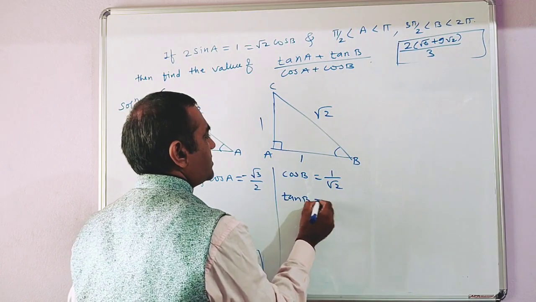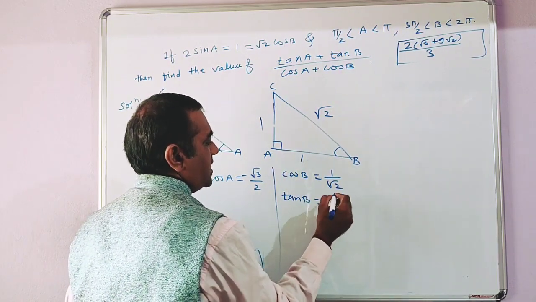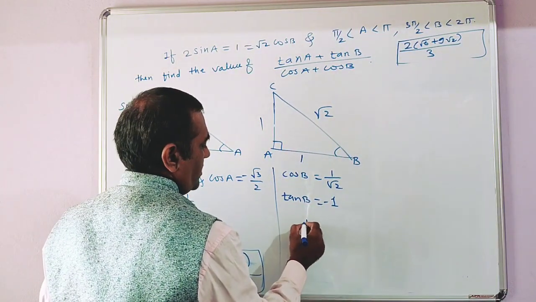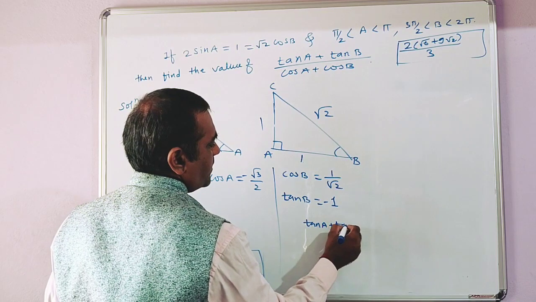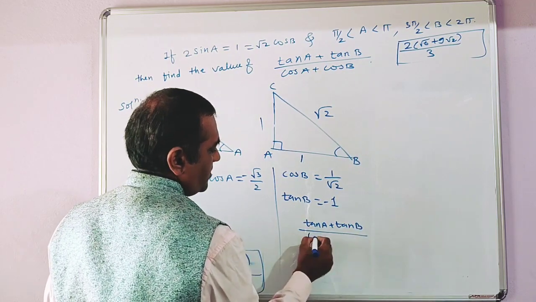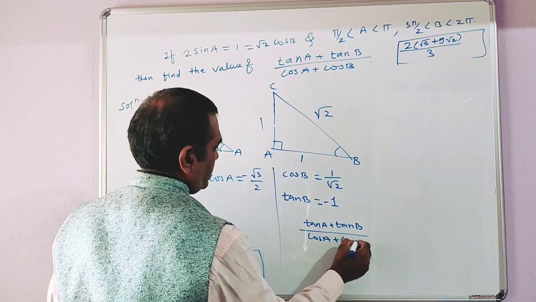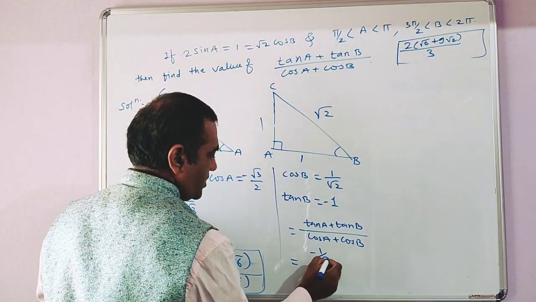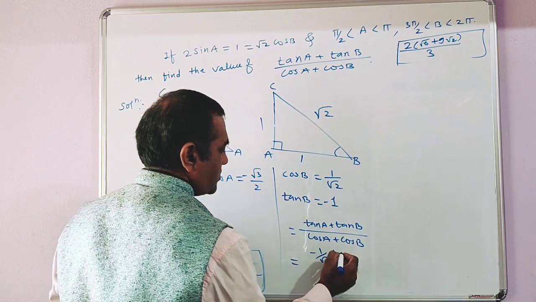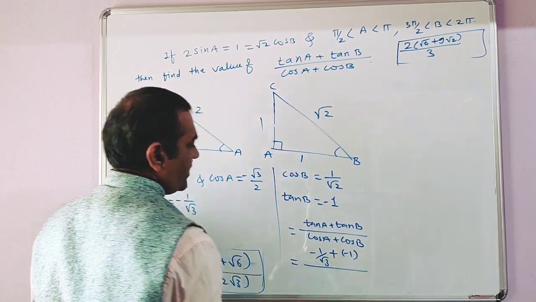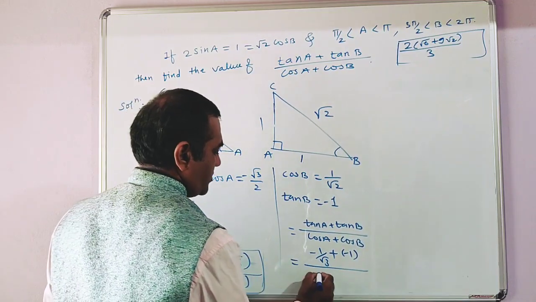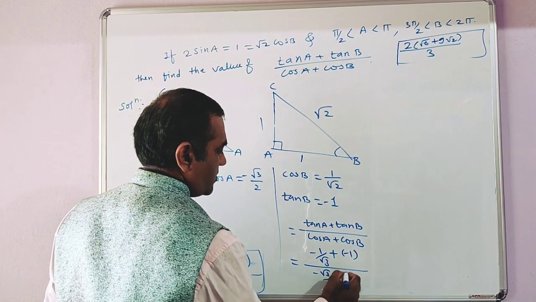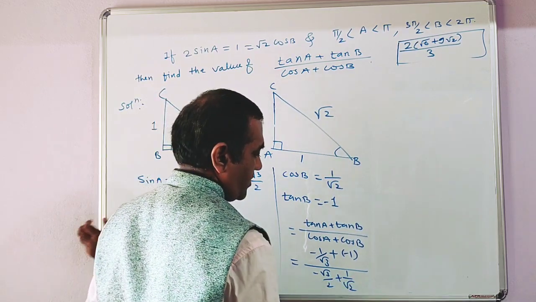Tan B is nothing but 1 by 1, which lies in the fourth quadrant, that's why minus 1. Now, tan A plus tan B upon cos A plus cos B: tan A is minus 1 by root 3, plus tan B minus 1, whole divided by cos A minus root 3 by 2, plus cos B equal to 1 by root 2.